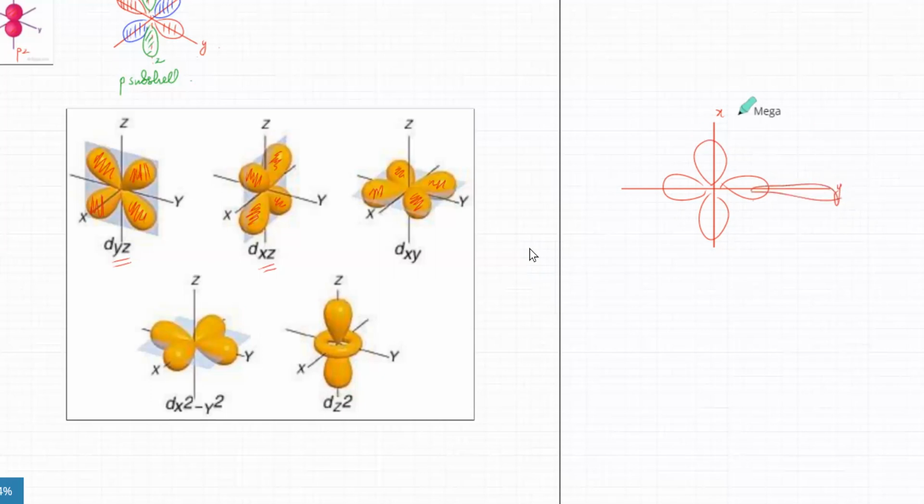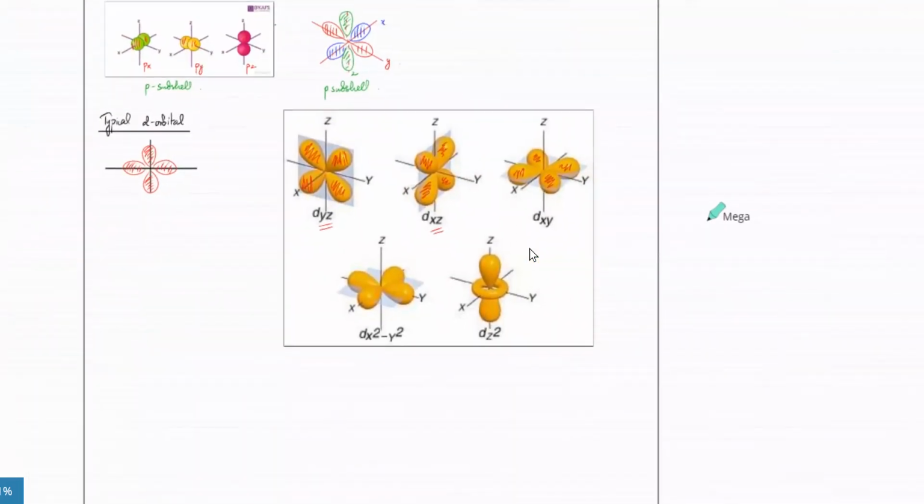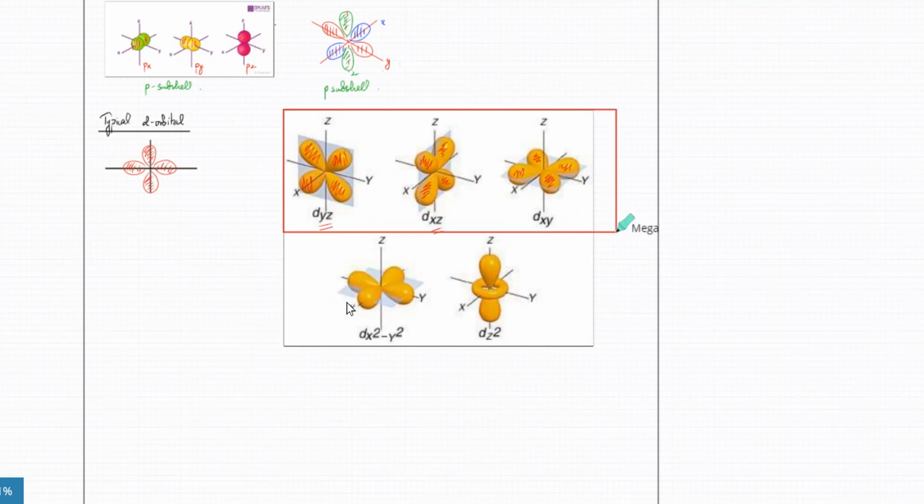So now, the other thing is, look at these two diagrams. This will come in handy later on. What you should realize is that you've got two sets of d orbitals. There's a difference between these two. Okay, so I'm going to divide these into two sets. Although all 5 are identical, they have exactly the same energy levels.